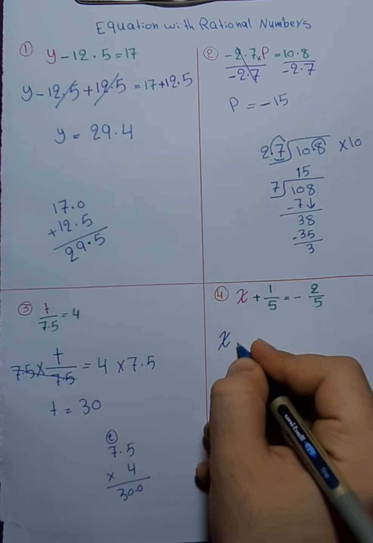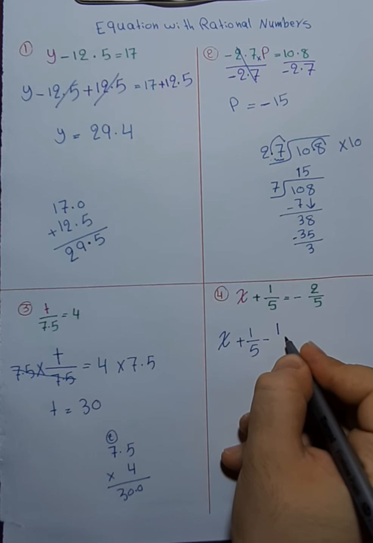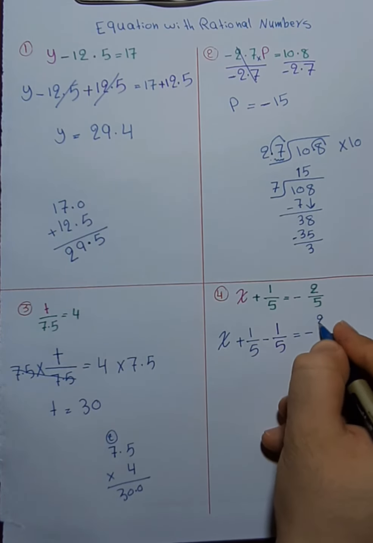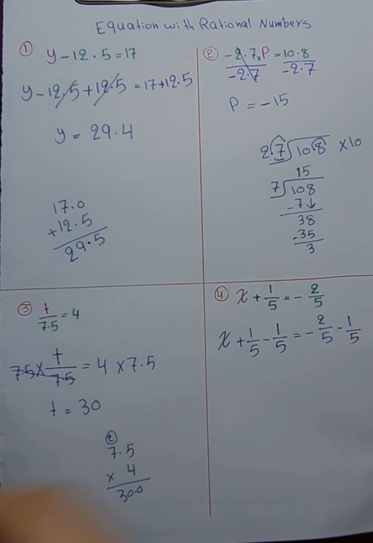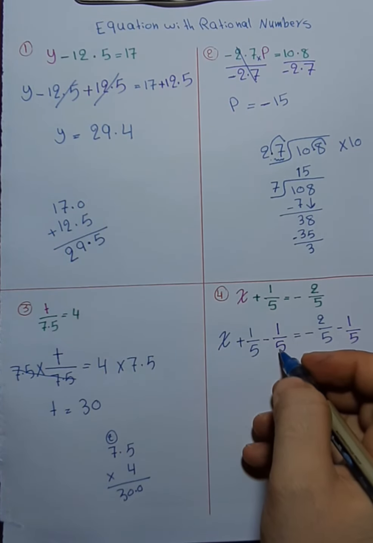So write x plus 1 out of 5 minus 1 out of 5 equal to negative 2 out of 5 minus 1 out of 5. So we have the same fractions with different signs, so these two fractions are reduced. Write x equal to negative 2 out of 5 and minus 1 out of 5.